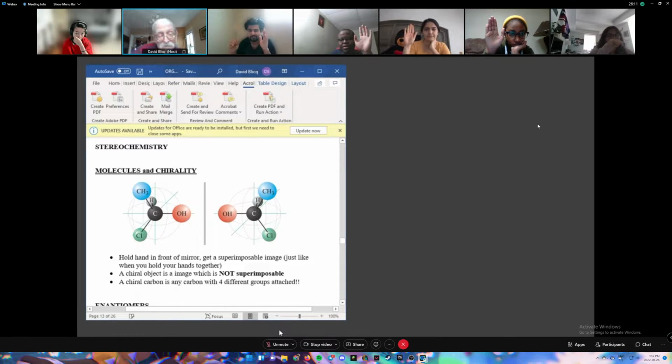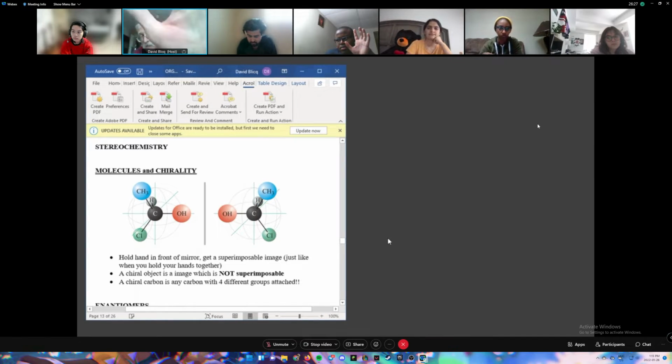Good God. Basically, if you hold up your hand to the mirror, it is the same object, but it doesn't really superimpose like this, right? See this? Do that? Spider on a mirror? There's your superimposable. If they're both going the same way like that, they cannot be superimposed over each other.